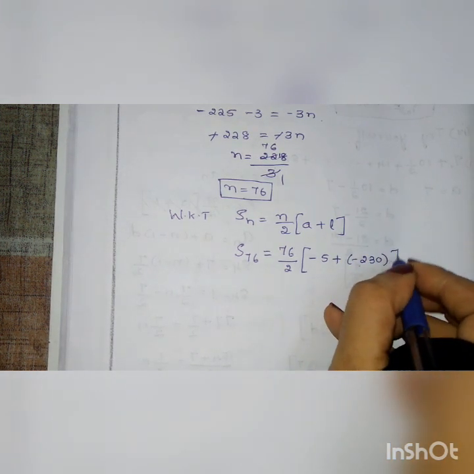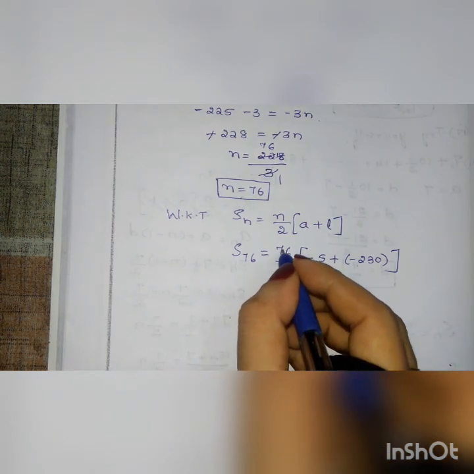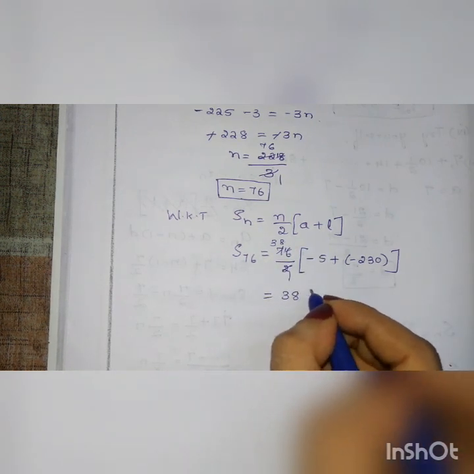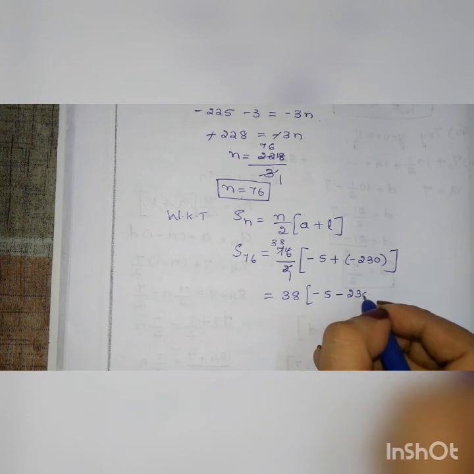So we can cancel here, the even number. 2 1s are 2, 2 3s are 6, 2 8s are 16. We got 38. Then -5 plus -230.